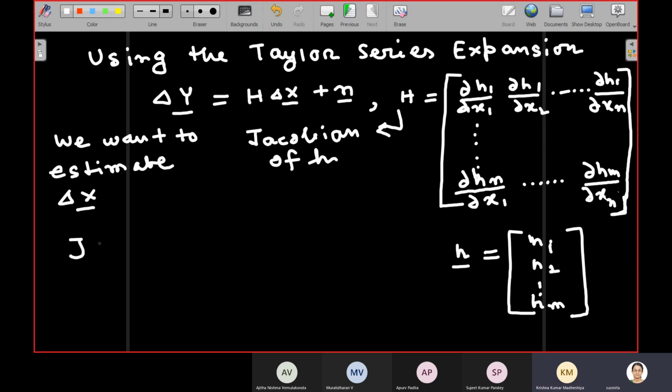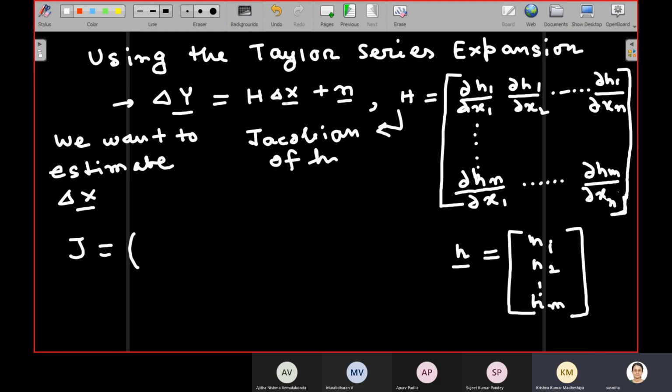As before, we want a cost function to be minimized to find delta x. So to minimize this cost function, we have to take help of this measurement model. First, we need to formulate the cost function. And for that, we need to take help of the measurement model.